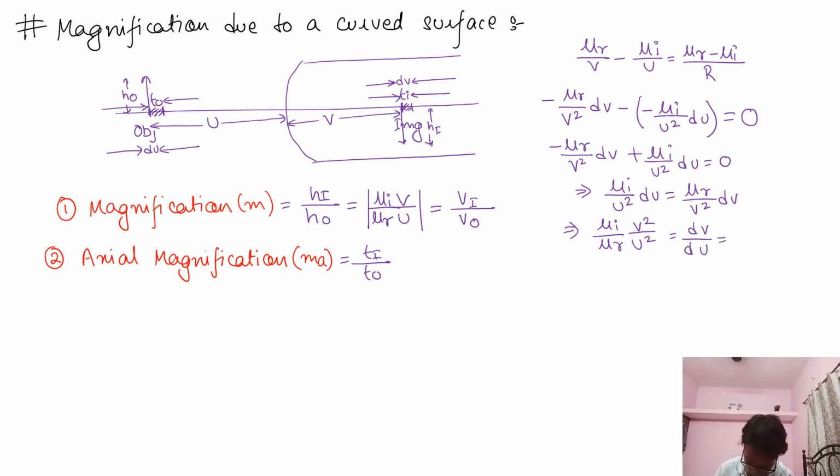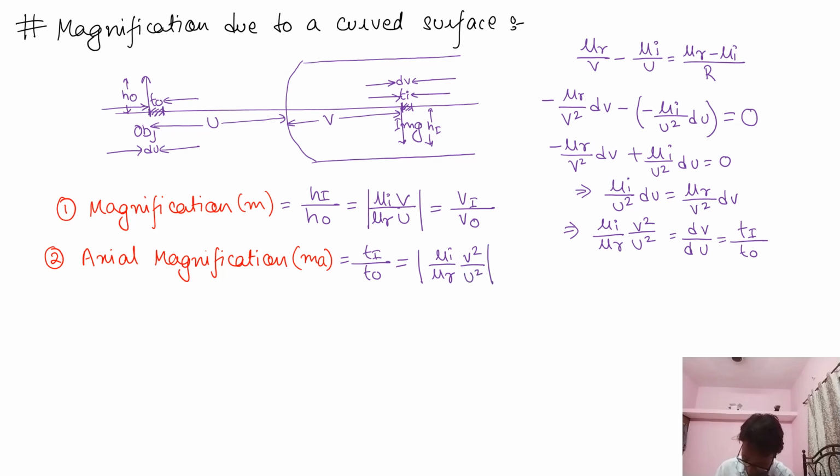And dv is what? dv is nothing but thickness of image, and du is nothing but thickness of object. So dv by du, thickness of image divided by thickness of object, is nothing but the magnification, which is equal to mu i by mu r into v square by u square.